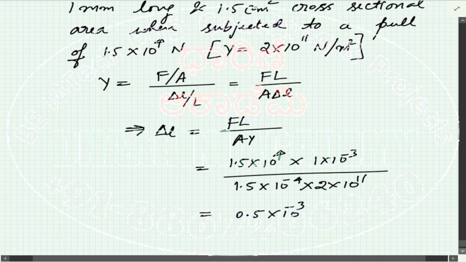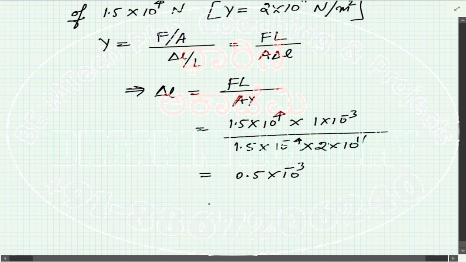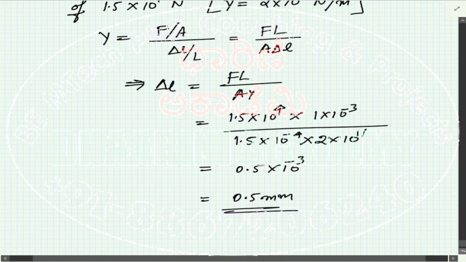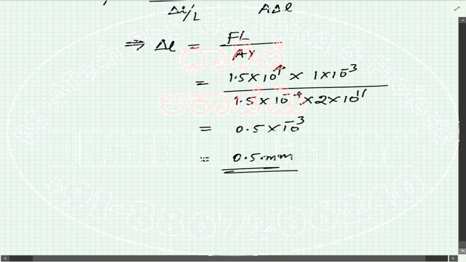So 0.5 into 10 to the minus 3 is nothing but 0.5 millimeters. That is the amount of change in the length whenever the particular force acts on the given body. All right, that's the first question.